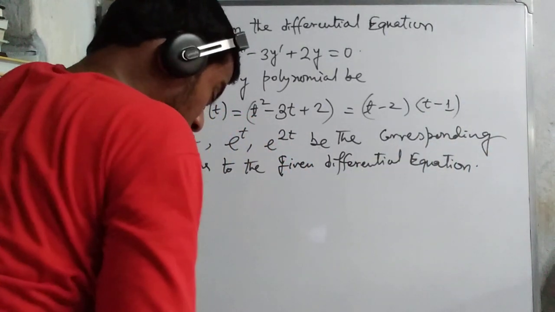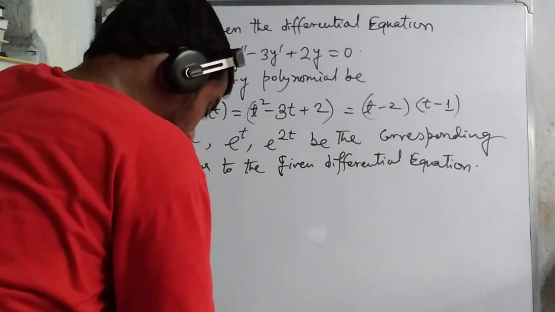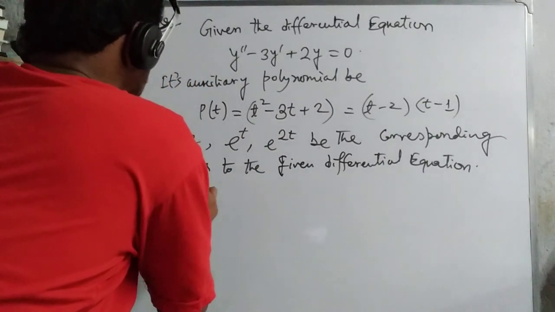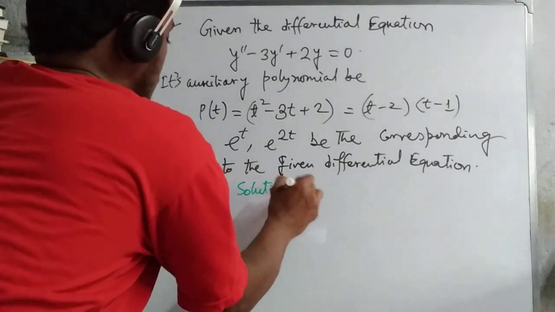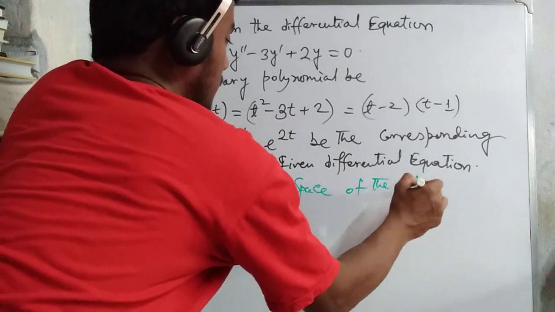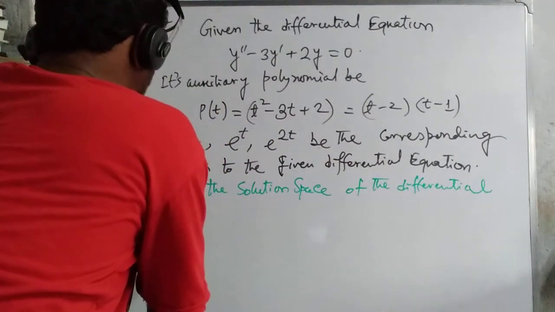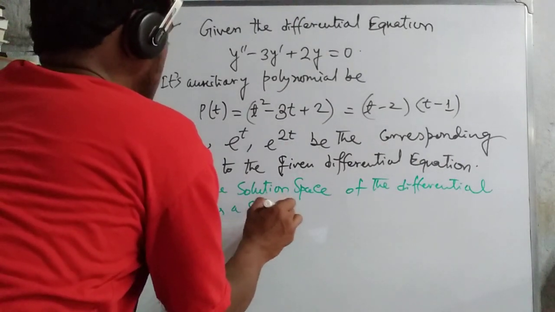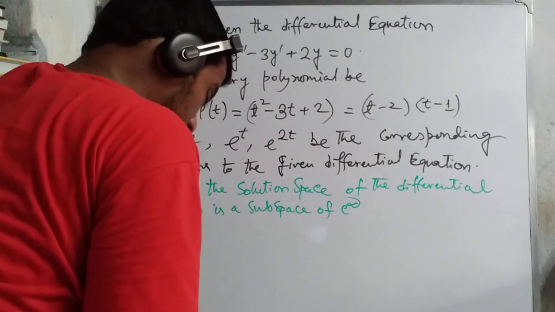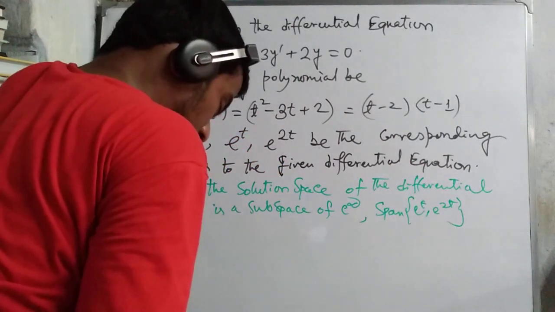Then we also discuss it in this way. Since the solution space of the differential equation is a subspace of C infinity, then the span of e to the power t and e to the power 2t is linearly independent.